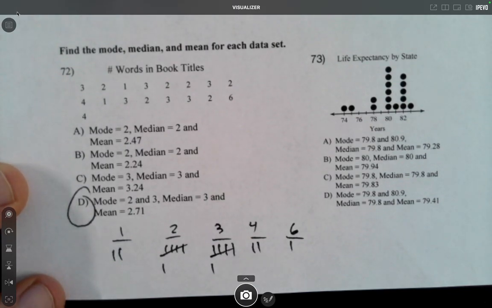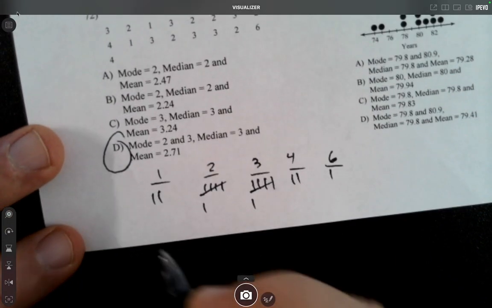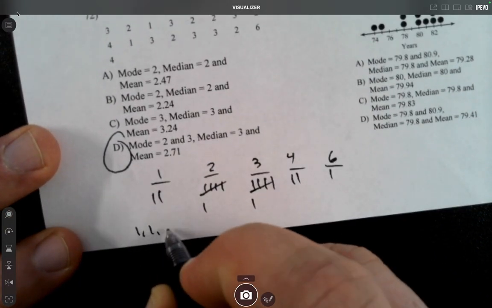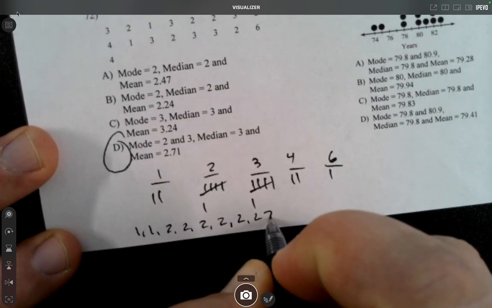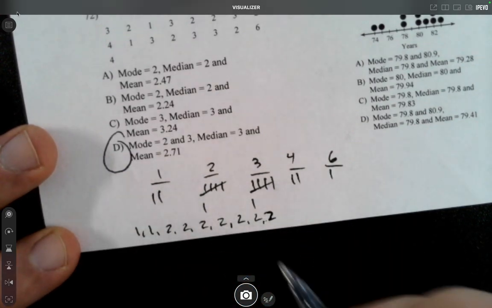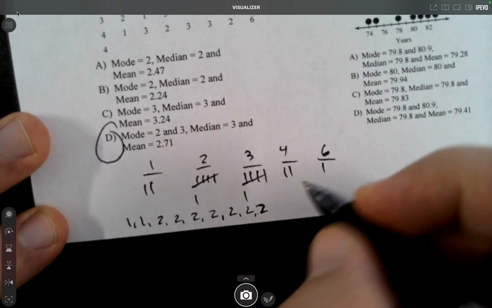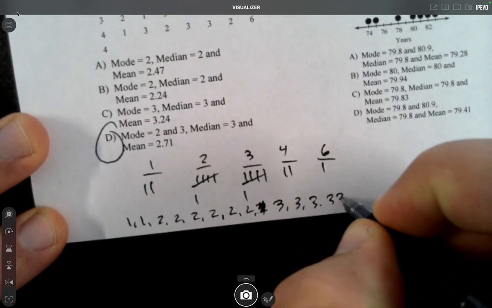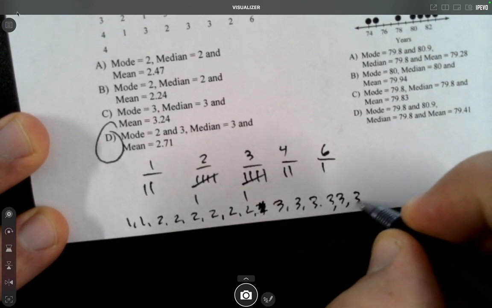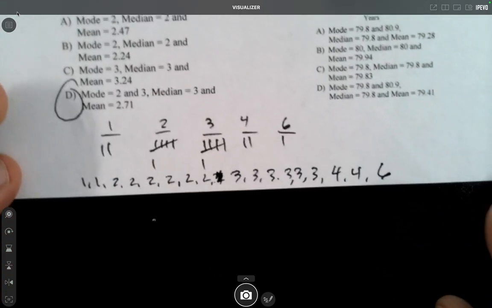I'm not going to do it, but for the median, you just list all these numbers in order. Actually, it shouldn't be too hard to do. Because now that I've listed them, I know there's 2 1s, 6 2s, 6 3s, a 4, and a 6.